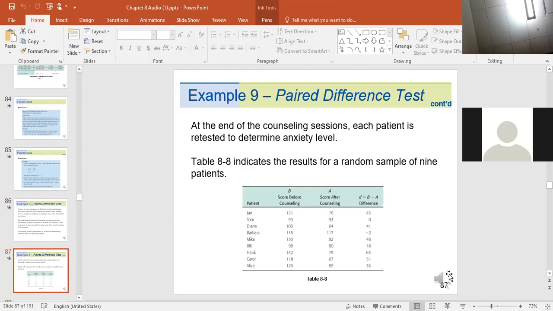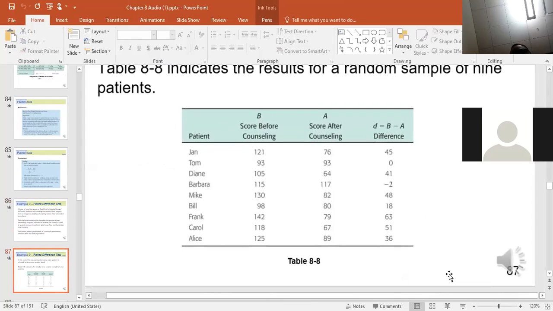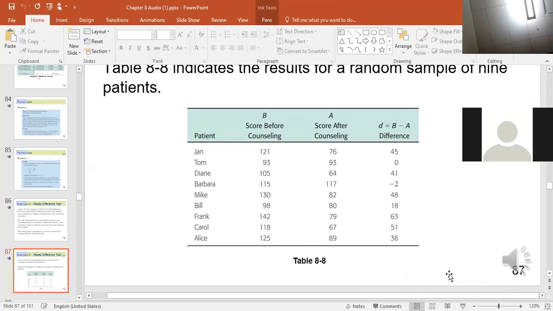So essentially here, we are going to compare anxiety before counseling and anxiety after counseling. So using Excel, enter anxiety before counseling in column A, and anxiety after counseling in column B.